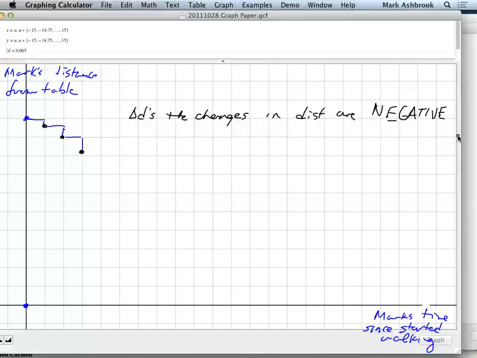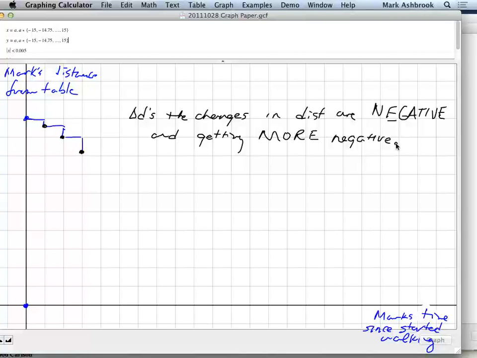They're getting more negative. Do you see that? The changes are negative, and they're getting more negative. When changes get more negative, are those changes increasing or decreasing? They're getting more negative.